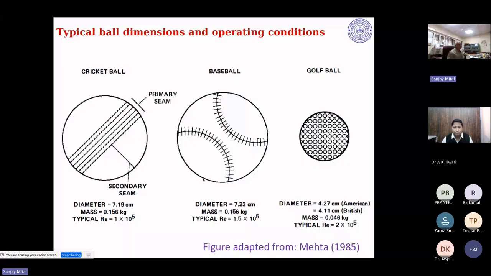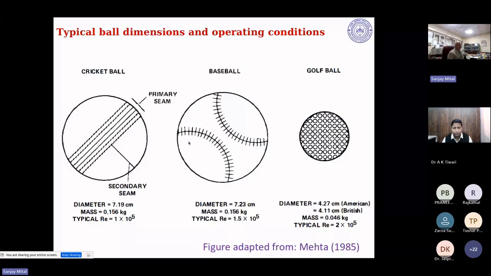In an entirely different continent, you have the baseball. Magically, the diameter is still about the same, 72 mm. The mass is about the same, 150 grams. The baseball is thrown underarm, so it has a little bit higher Reynolds number, about 1.5 into 10 to the fifth.